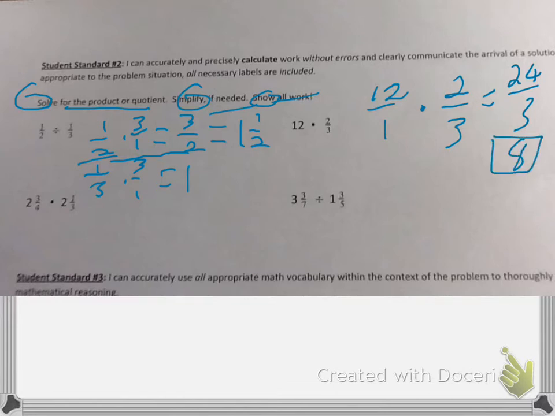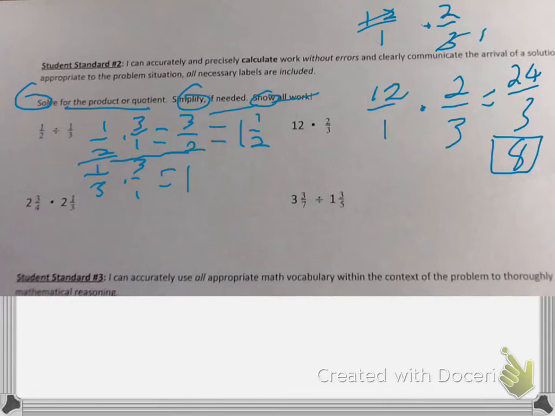Okay. Now, another way that I could have done that problem, let me write it up here at the top. Still multiplying the same thing, obviously, but I had an opportunity to simplify earlier. If I look at the common factors that 12 and 3 have, they have 3 as a common factor, which means I can divide them earlier and simplify them earlier rather than at the end.